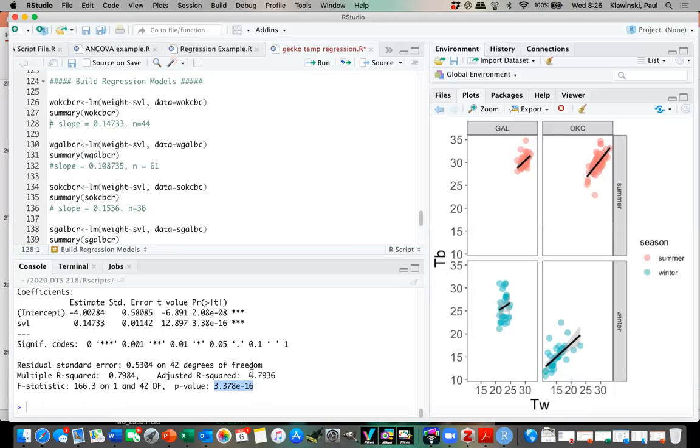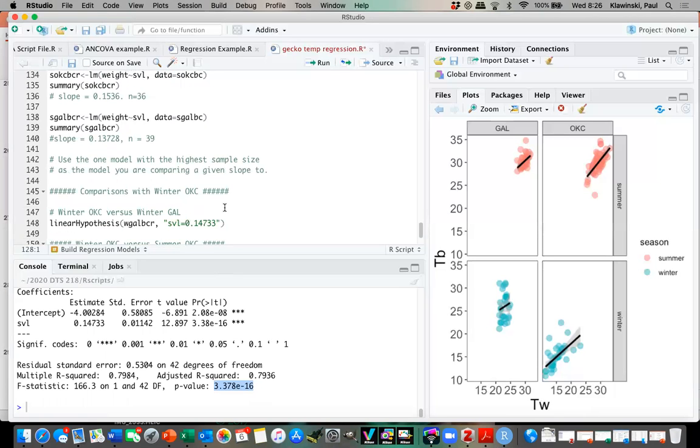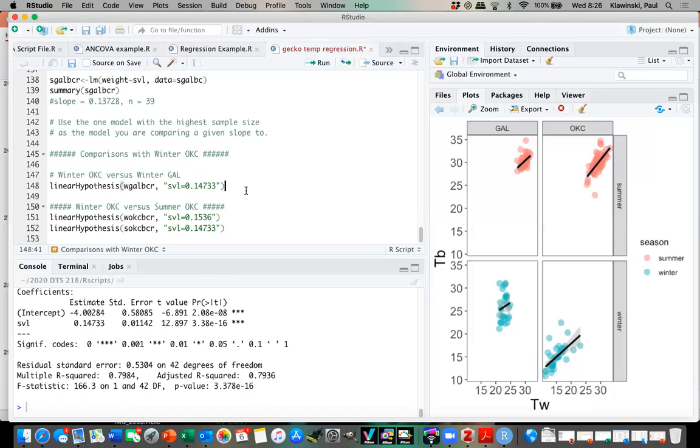But for this thing that we're doing right here, a useful thing to do would be to have a table kind of like this, where you have winter Oklahoma City, winter Galveston, summer Oklahoma City, and summer Galveston. And then one of the things that you can do is leave the slope values here.